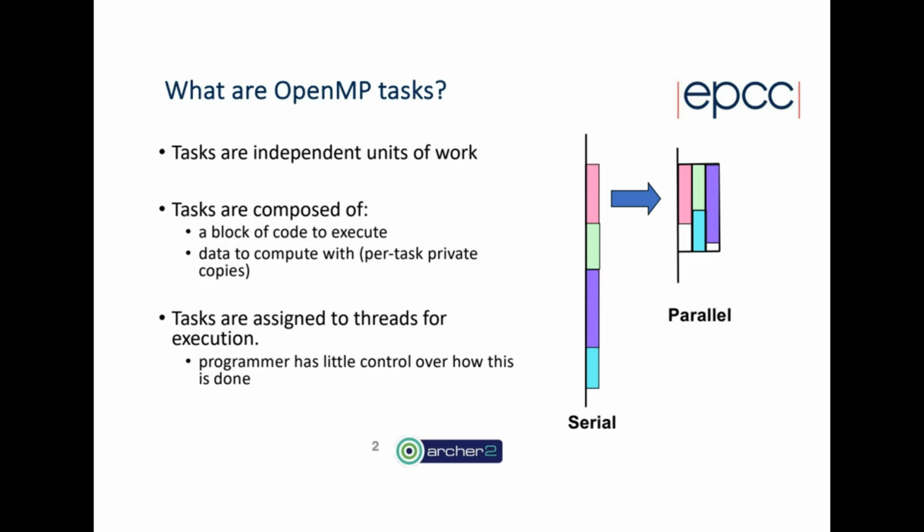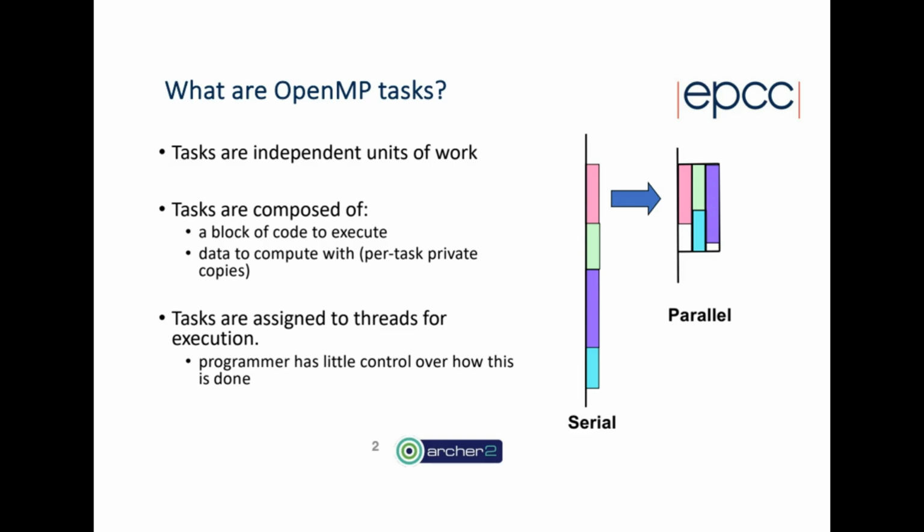If you haven't programmed with tasks, but you've programmed with regular parallel regions and parallel loops in OpenMP, you'll be familiar with the concept of threads having private copies. Those private copies are copies of variables, and they are per thread. But tasks extend that idea a bit, so we can actually have private copies per task rather than per thread.